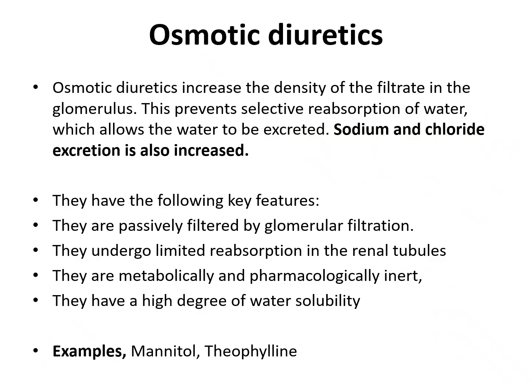هو الاوزموتيك دايوريتكس. والاوزموتيك دايوريتكس are basically compounds that work through increasing the density of the filtrates in the glomerulus. So they don't work on any channels or they don't work on any enzymes. They're very passive compounds, inert compounds if you want to call them.